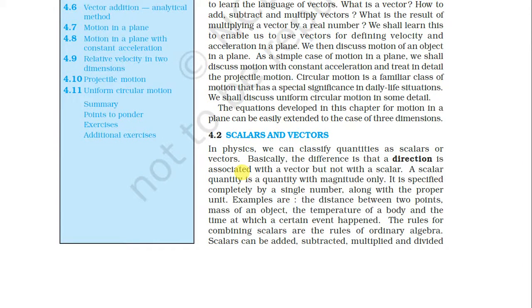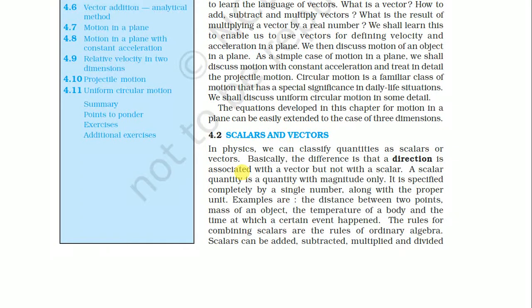A scalar quantity is a quantity with magnitude only. Suppose we have a value of 5 kg. For 5 kg we need not specify a direction. We understand that only magnitude is required, and that's why it is a scalar quantity.